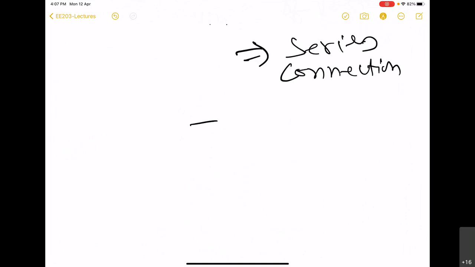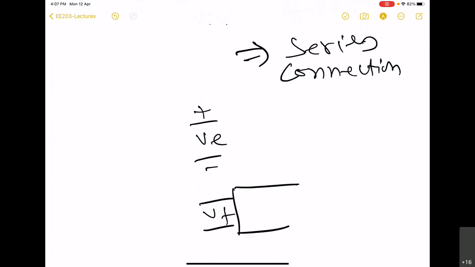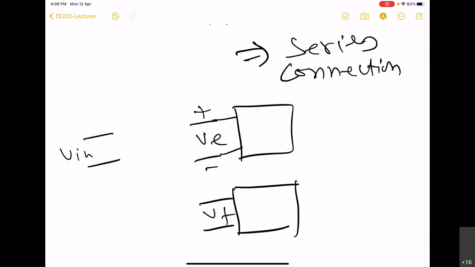So here we have a voltage VE, and here we have voltage Vf from the feedback network to the amplifier, and then here we have input voltage. We know that if we connect these voltages in series, we get the sum of these two voltages, right?